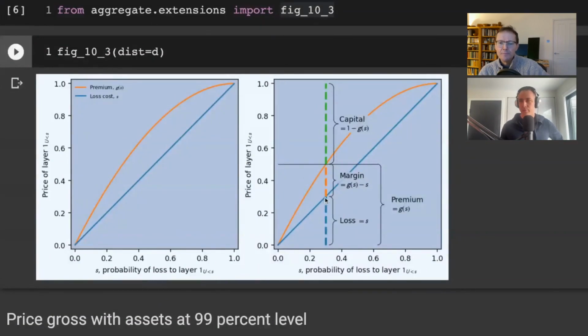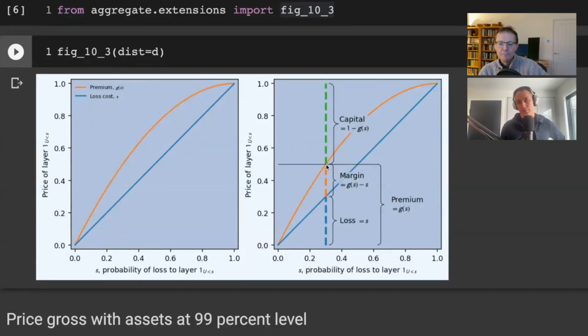And in the world that I was living in and malpracticing from a technical standpoint, this margin calculation, some EL multiple, if you're doing a rate-on-line kind of exercise in the cat business, is just a different heuristic for calculating this area, or rather this line.